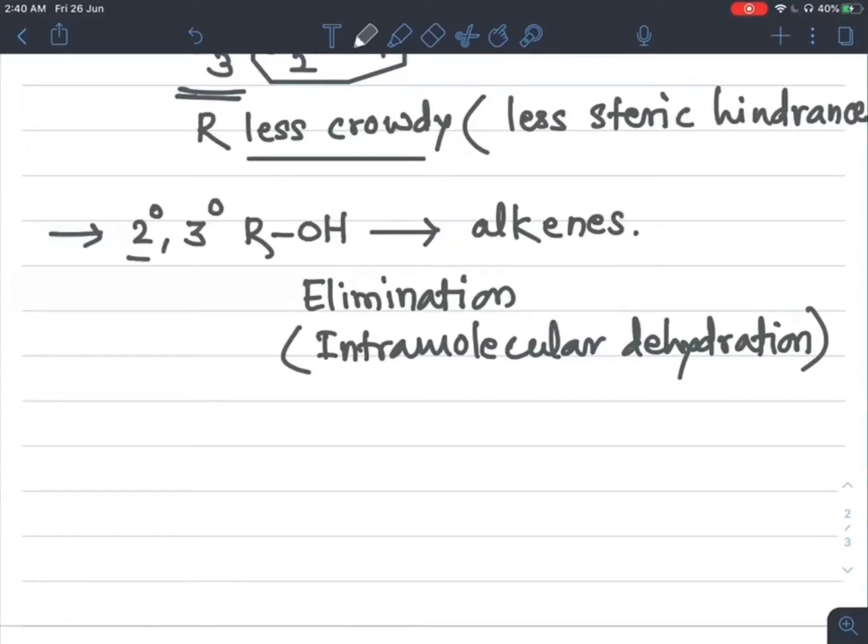In secondary and tertiary, the alkyl groups are increased, so the crowdedness is increased, which means high steric hindrance.